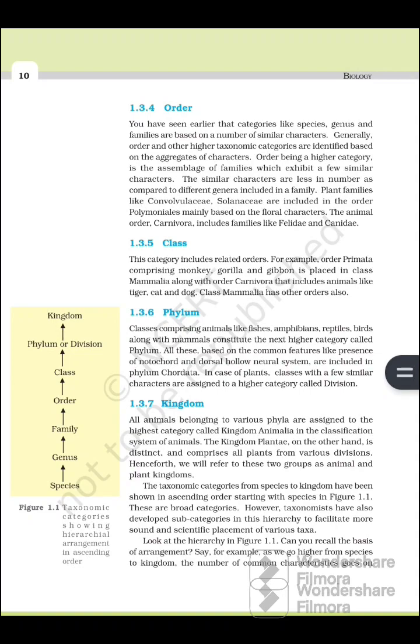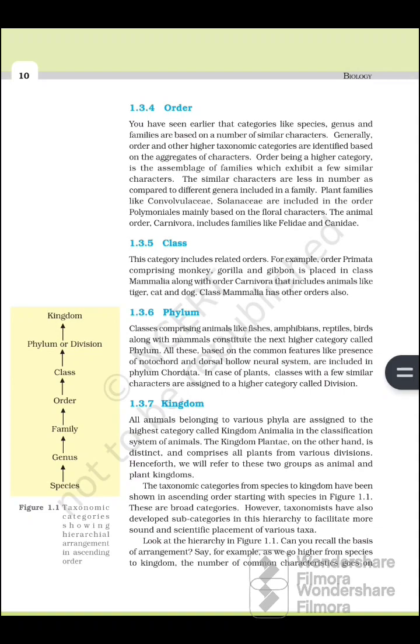The taxonomic categories from species to kingdom have been shown in ascending order, starting with species, in figure 1.1. These are broad categories. However, taxonomists have also developed subcategories in this hierarchy to facilitate more sound and scientific placement of various taxa. Look at the hierarchy in figure 1.1.